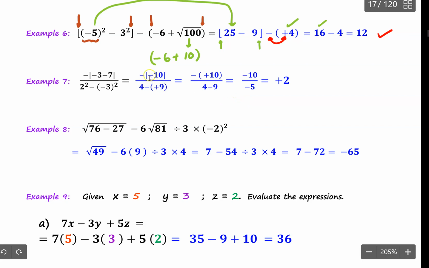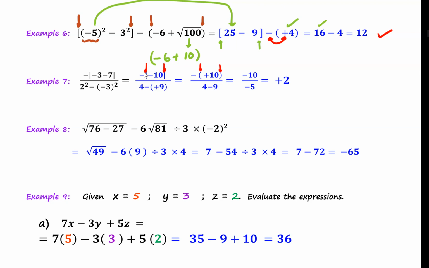So in this case, you see that you have absolute values, okay? So what I do is I will turn that into normal brackets, take away the absolute values, but I have to turn negative 10 into a positive 10.